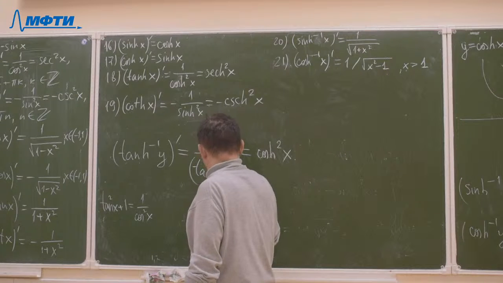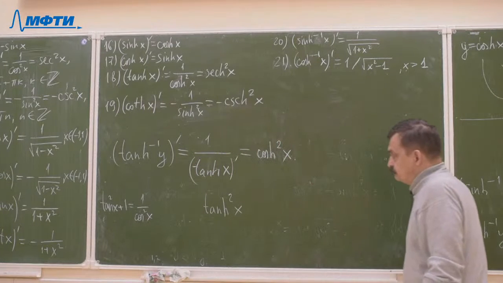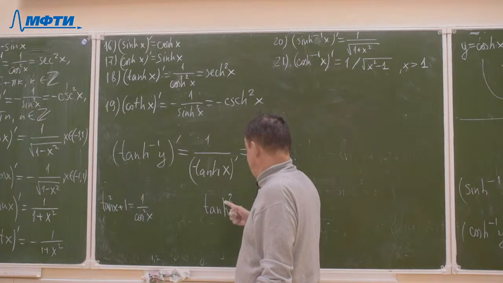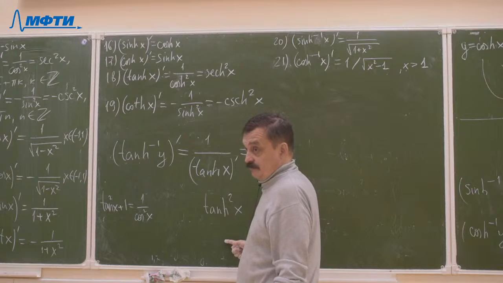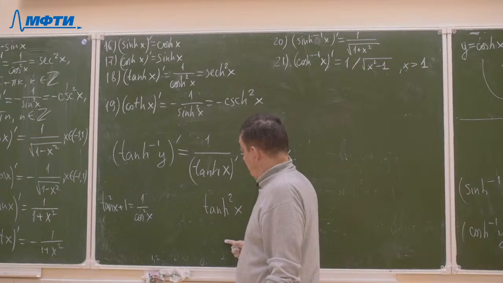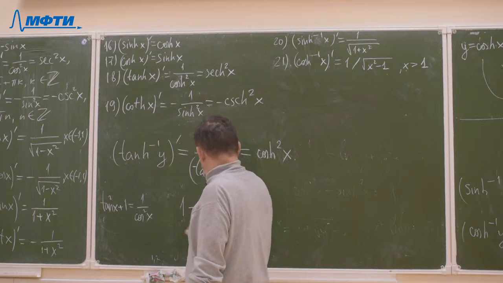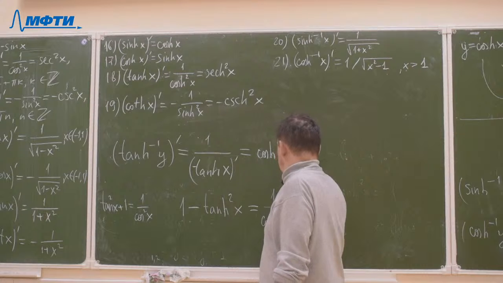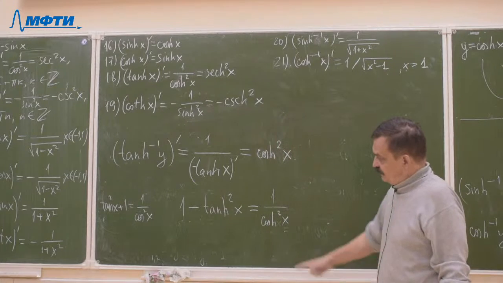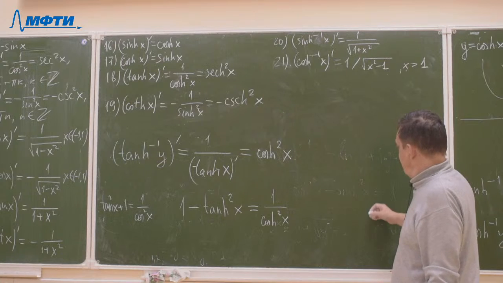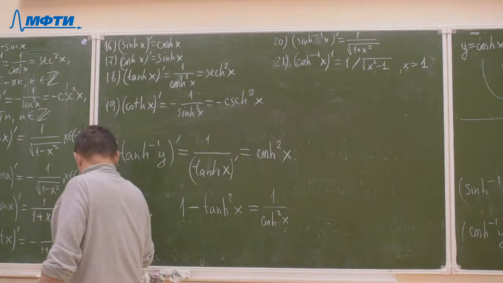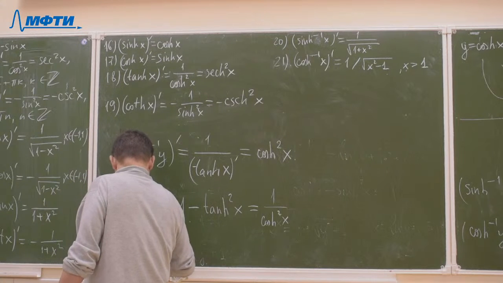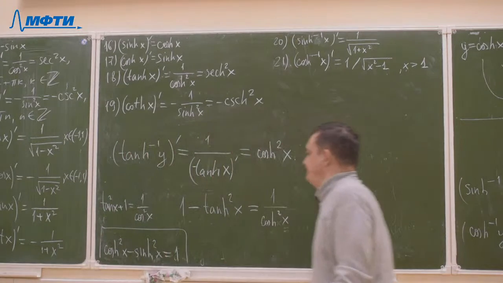Tan hyperbolic is sine squared hyperbolic over cosine squared hyperbolic, and it means that 1 minus tan hyperbolic squared x is 1 over cosine hyperbolic squared x, because of the main hyperbolic identity. I'll write it once again: the main hyperbolic identity.